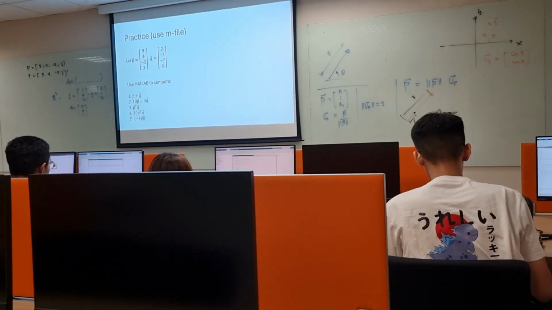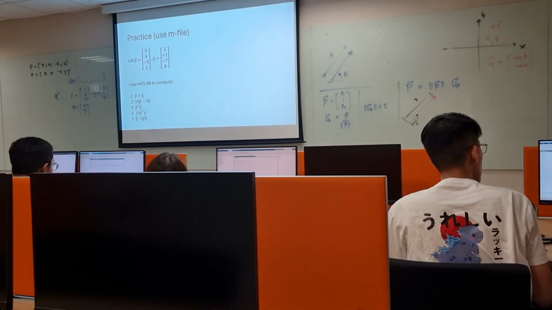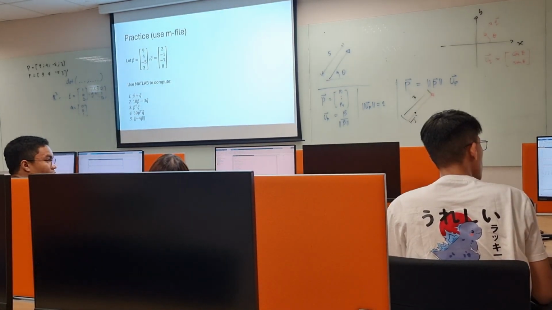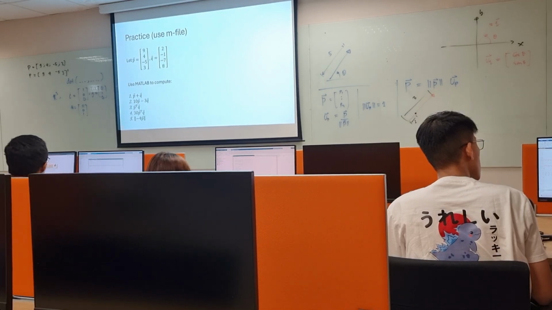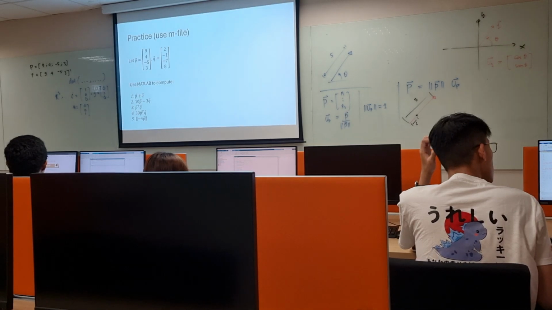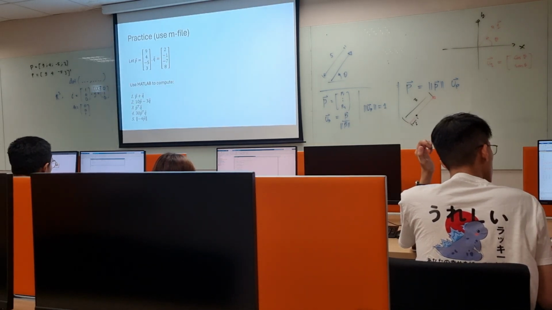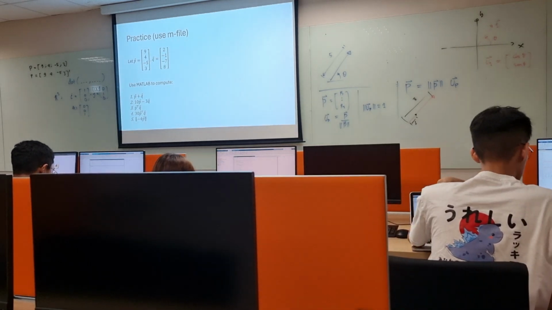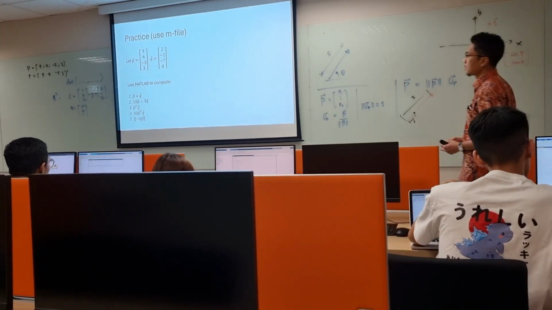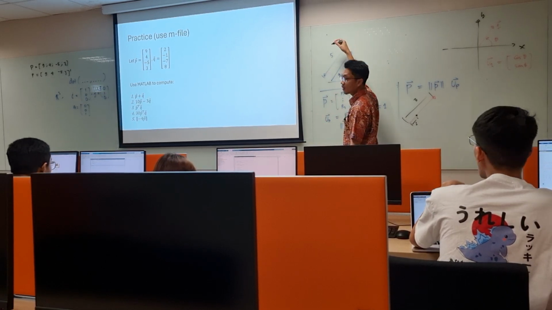Number 3, yeah, scalar. You use P transpose multiplied by Q. For number 3, let me write it down here.